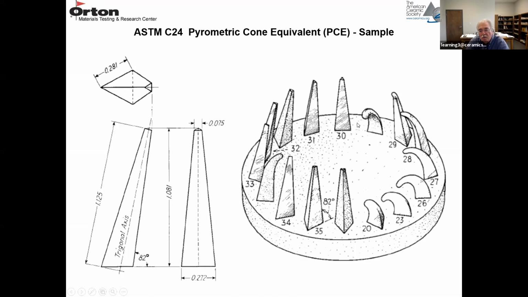And then if there's no number, that's your unknown material. So they must have different, in this illustration, different materials. And here's one that's bending over. So that's an unknown. This one is just starting to bend over, and this one hasn't done anything yet. So you compare the degree of deformation to a known material that has a known melting range, and you assign a PCE value to it.